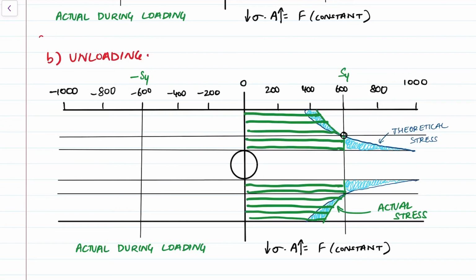Okay, and another important point: now that we know parts of the rectangular bar have yielded, we need to figure out what the residual stresses are going to be. If your part yields in tension, the residual stresses are going to be in compression, and vice versa. If you yield in compression, your residual stresses will be in tension.